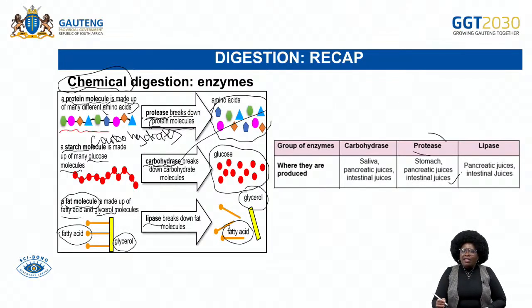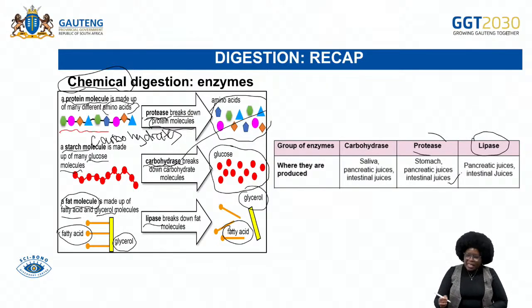But let us look at the location where the secretion is taking place. Lipase is secreted by the pancreatic juices and also intestinal juices. That is where we find the enzyme lipase.